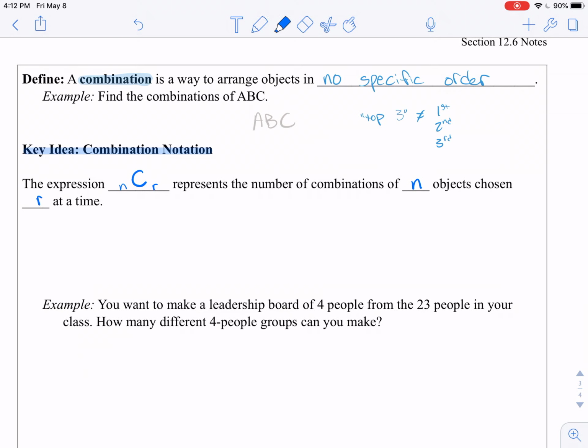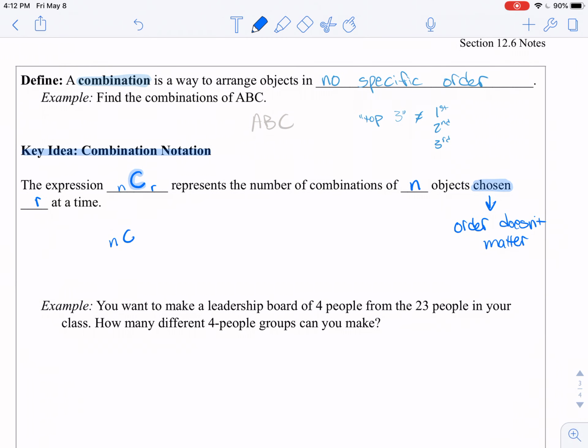So again, C for choosing. And here we choose them, and order doesn't matter. That's the difference between a combination and a permutation. So to calculate nCr, that's equal to n factorial all over r factorial times (n minus r) factorial.